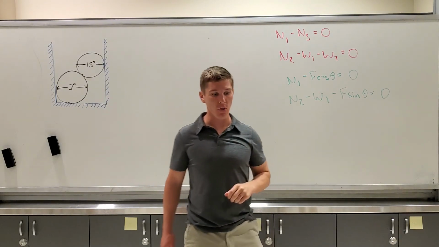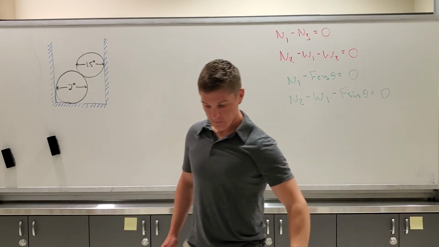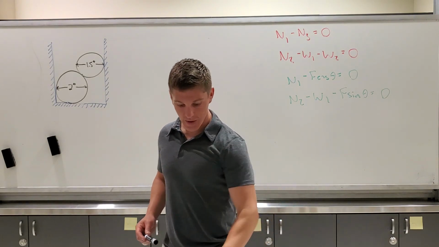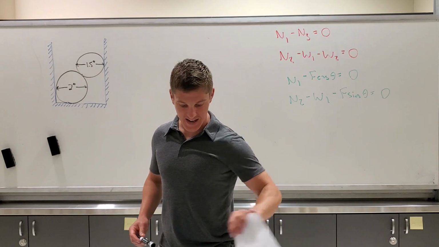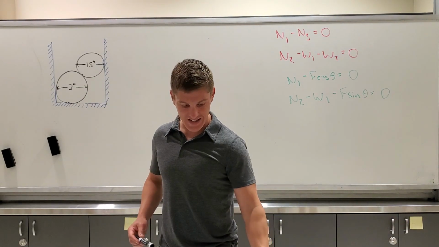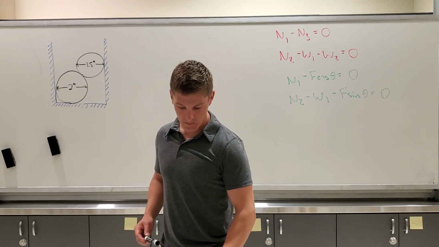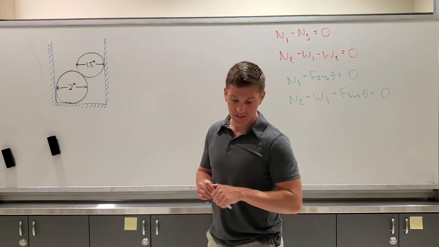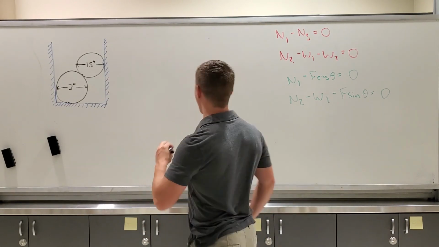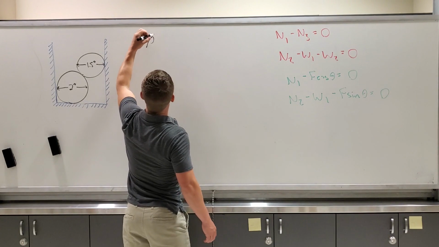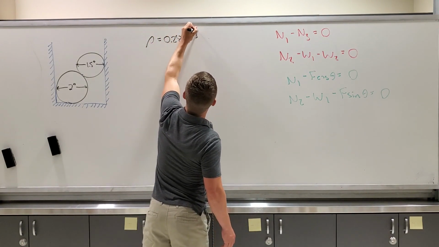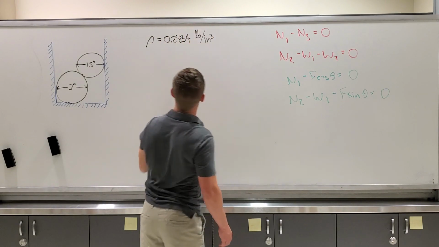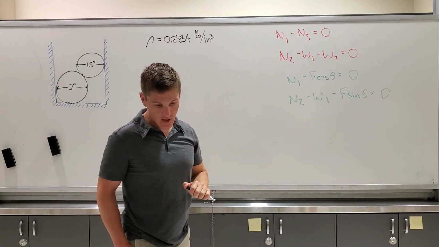So let's start with the weights because they're pretty straightforward. It was given to us that the weight density of the 1040 steel was 0.2834 pounds per cubic inch.